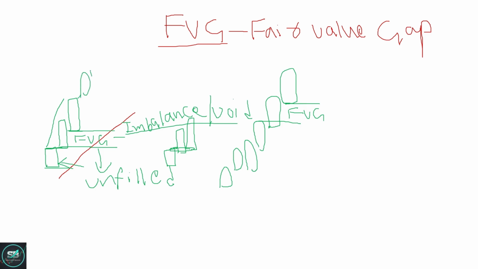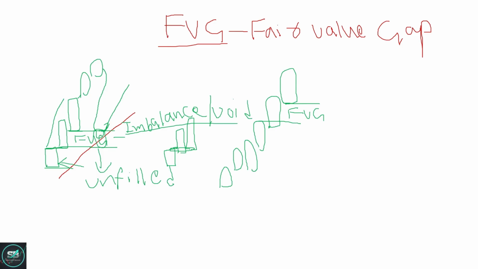Even if price goes upside, price will act as a magnet to come back to this fair value gap and fill these pending orders. When it fills the orders which are pending here, then price is going to jump upwards, and the price will move again in the upward direction when these orders are getting executed.